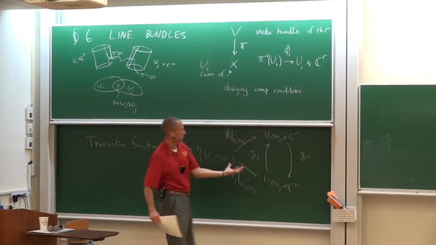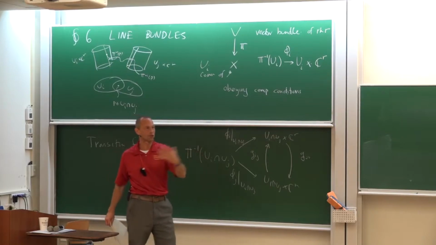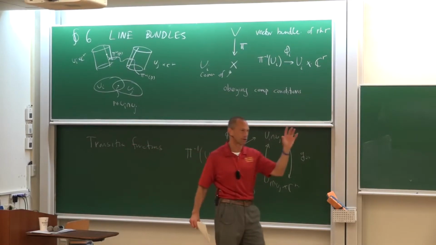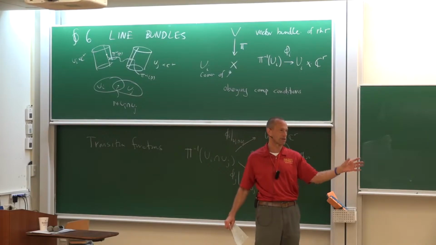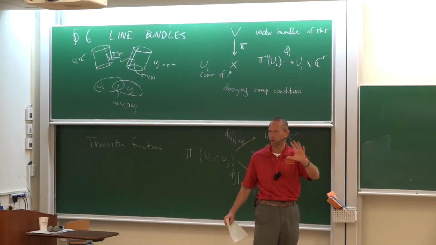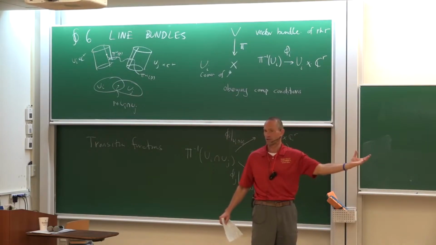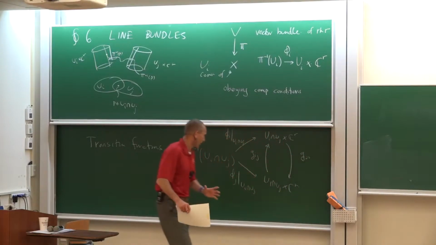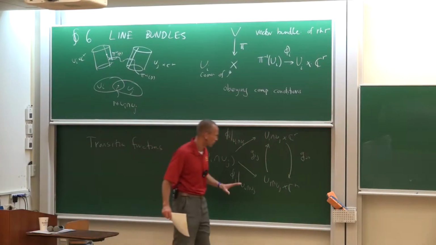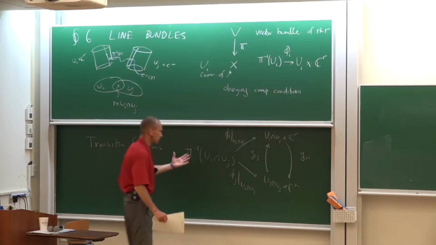And so what are these maps? These are exactly what, in linear algebra, you had to do when you change basis. We teach our undergrad students in linear algebra that there's not a God-given basis for a vector space, that you might have one basis, you might have another basis, and you need a change of coordinates. This is exactly what our undergraduate linear algebra students struggle with, and that's exactly what these are. These are just change of coordinate maps.